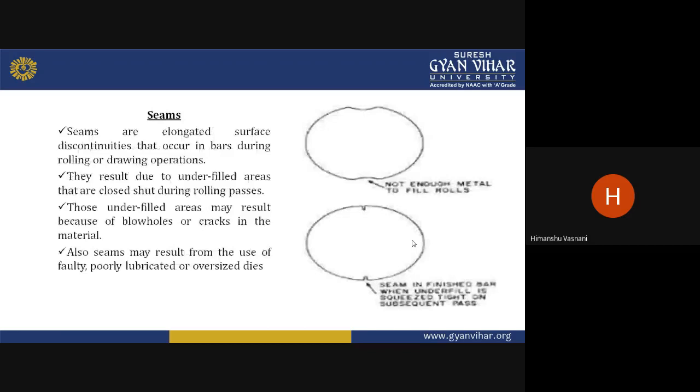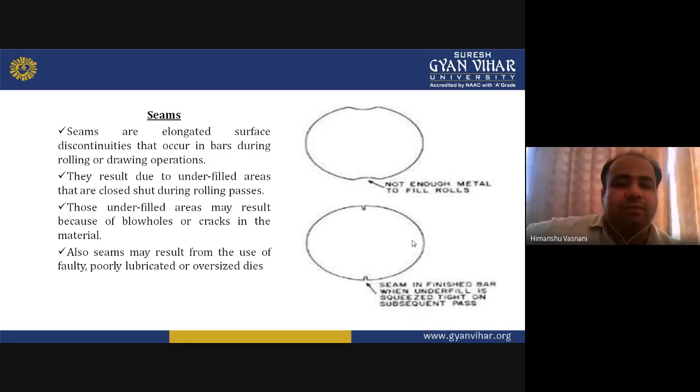Like seams. Seams are elongated surface discontinuities that occur in bars during the rolling or drawing process. You can see the diagram on the right hand side. It shows a circular bar, like a roll, with curves going along the upper and the bottom side.